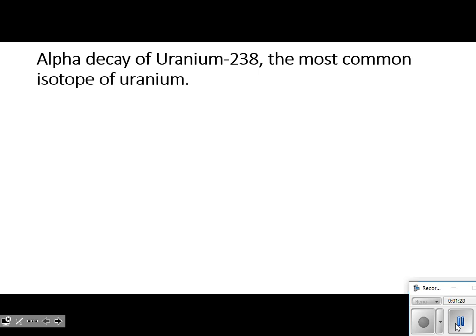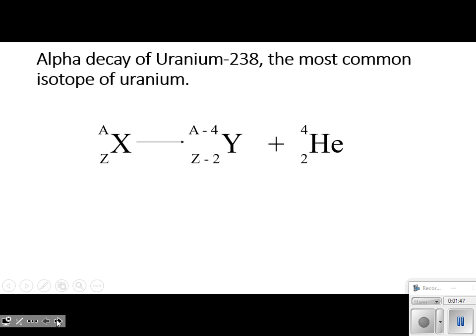I want you to write the generalized equation with x's and y's of alpha decay. So what you should have for your alpha decay generalized equation is as follows. A, Z, X will yield A minus 4, Z minus 2, Y, and helium-4.